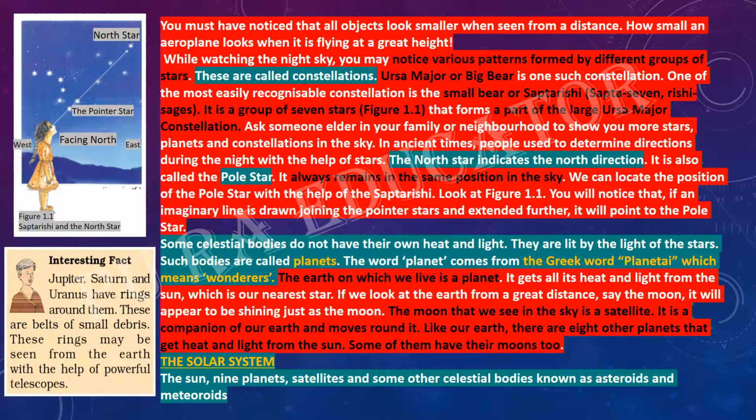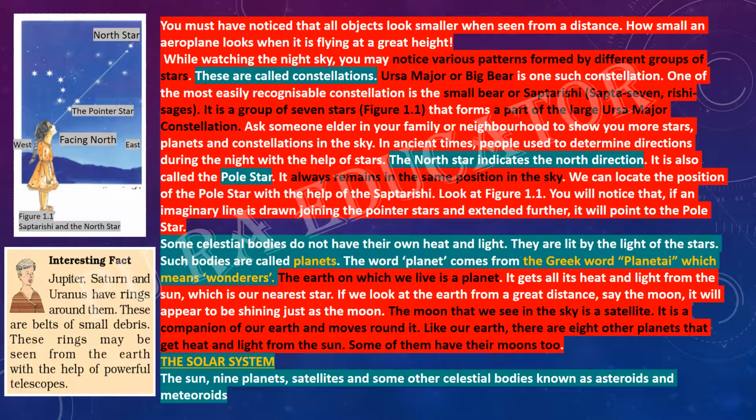Friends, to locate the polar star we take the help of Saptarishi. As you can see in the picture, a girl is locating the North Star with the help of the pointer stars of the Saptarishi, facing towards north.